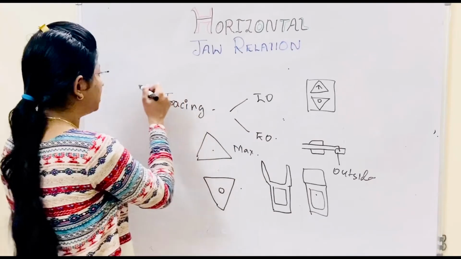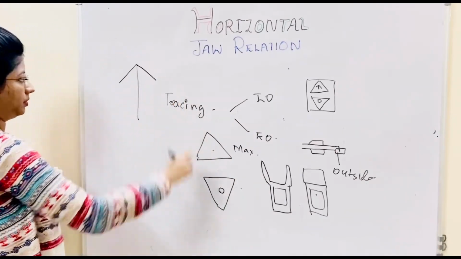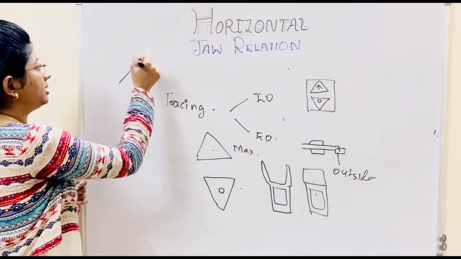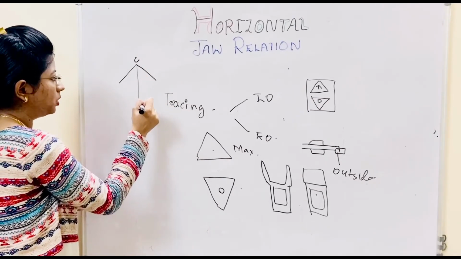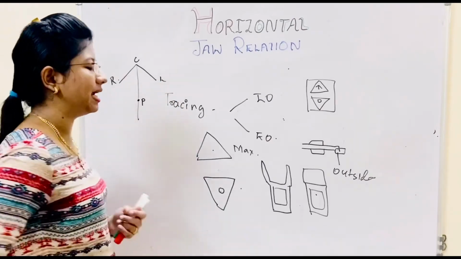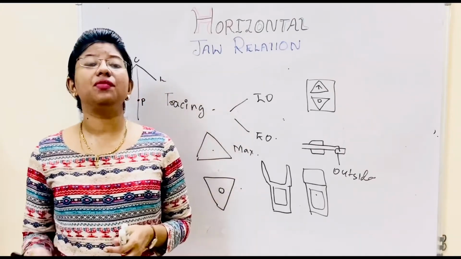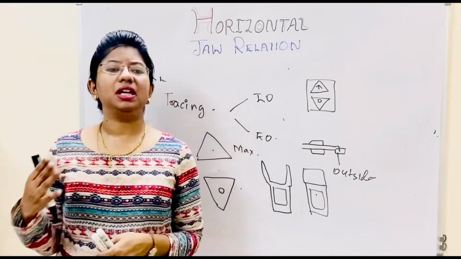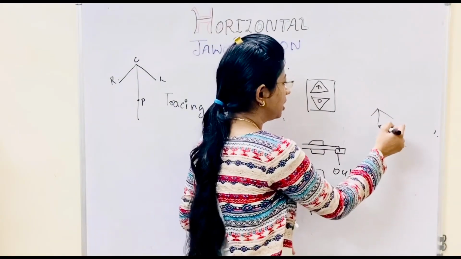So there is an arrow point tracing that comes. In this arrow point tracing, this area is the centric. This line here is protrusive, and this is the left lateral as well as the right lateral. Arrow point tracing is the most accurate, but there are different forms of tracings, like there can be a double arrow. In this, the arrow can be something like this, or a short tracing.